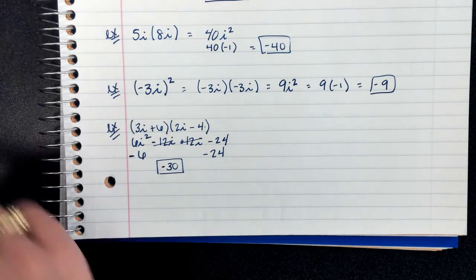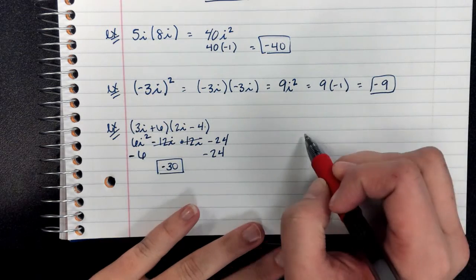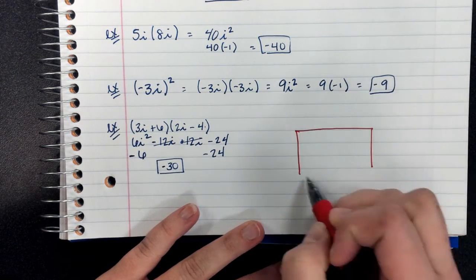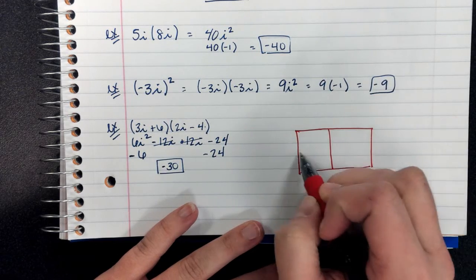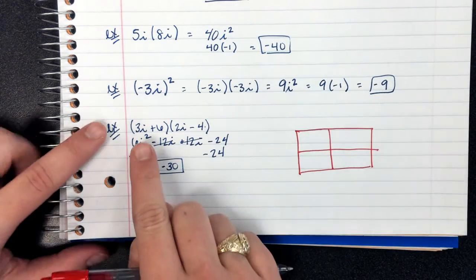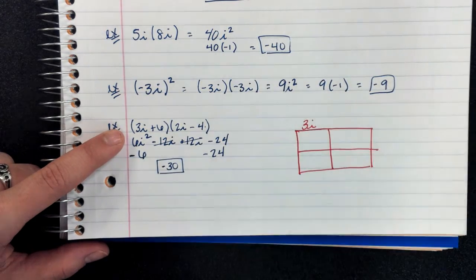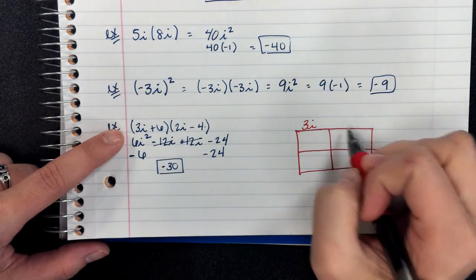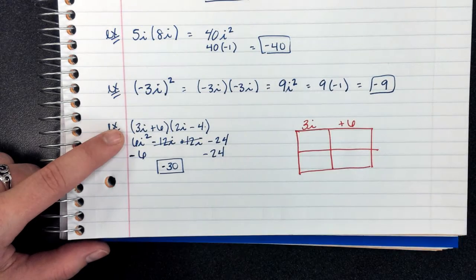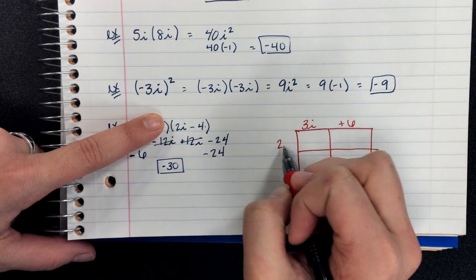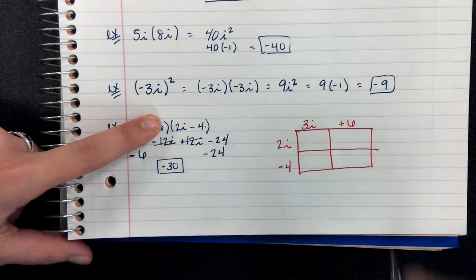The other way you can do it is a box method, which I know you've seen in some of your other math classes, but I'll show you really quick. Everything in one parenthesis goes on one top or one side. So 3i plus 6. The other parenthesis goes on the other side. So 2i minus 4.